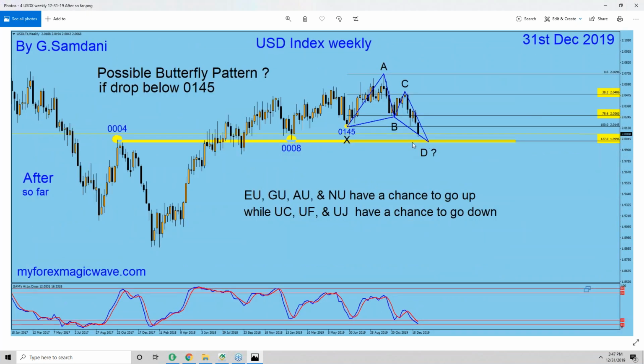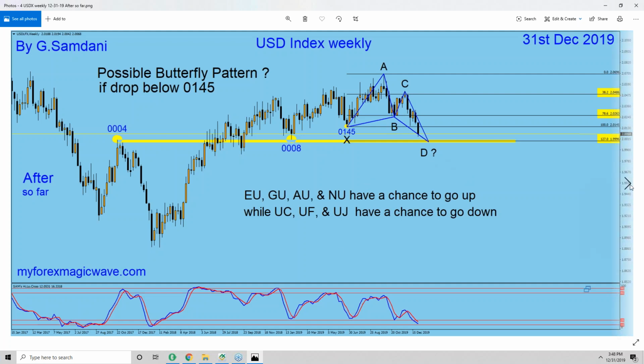We are just pulling back up a little bit as a retracement, but the target is still down there. So maybe today, tonight, and tomorrow we will still go down on the USDX, and those pairs, EUR/USD, GBP/USD, AUD/USD, and NZD/USD, will go up one more time, and USD/CAD, USD/franc, and USD/yen will go down.